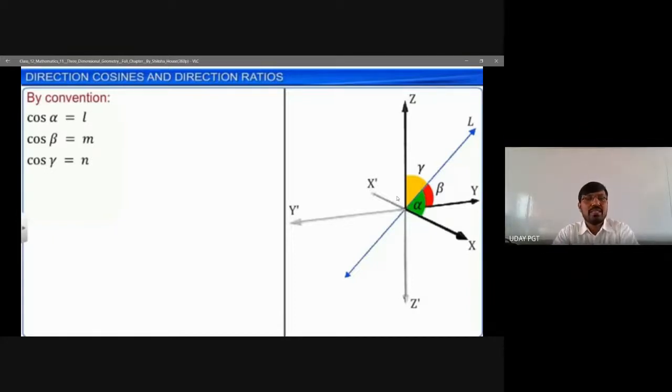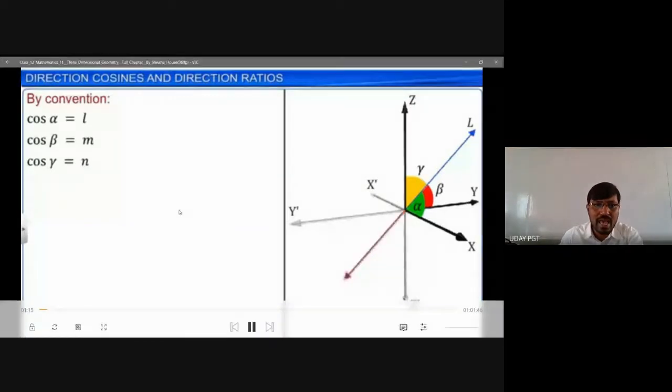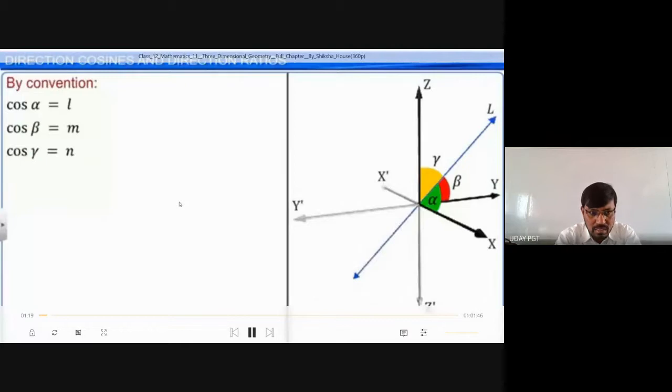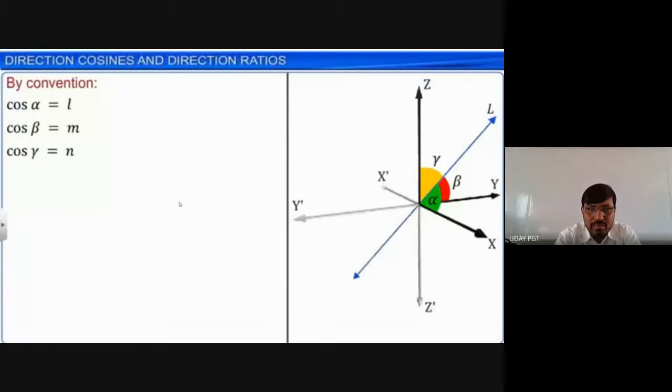So we call them direction cosines. Alpha, beta, gamma are the angles made by the line with the x-axis, y-axis, z-axis, and cos alpha, cos beta, cos gamma are the direction cosines.